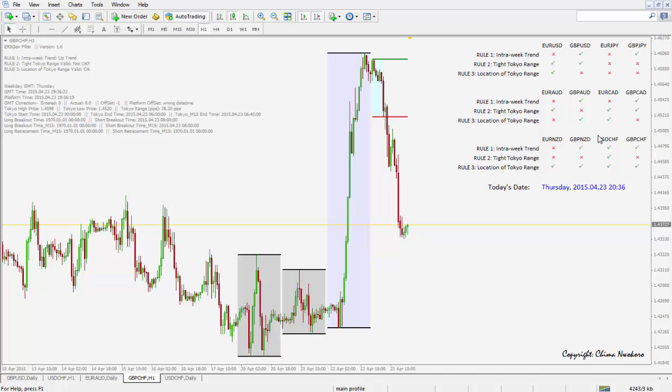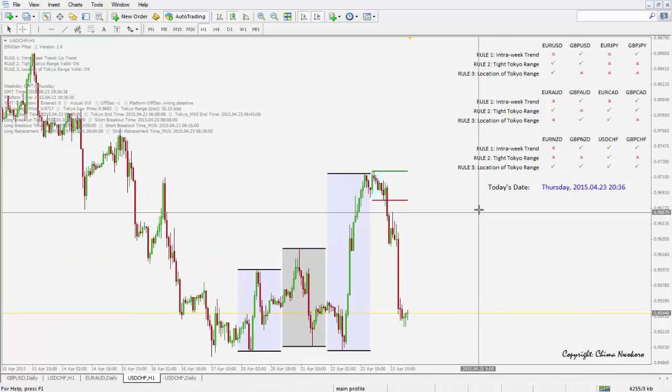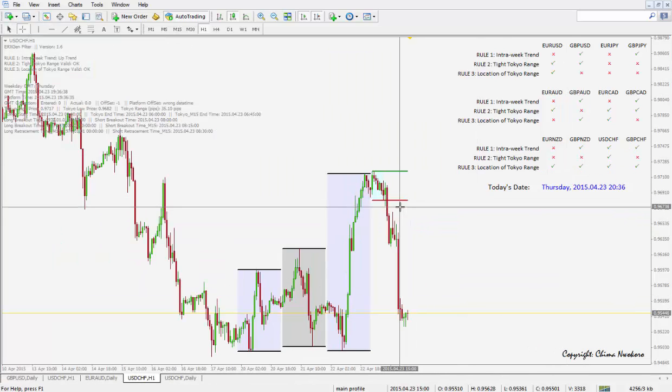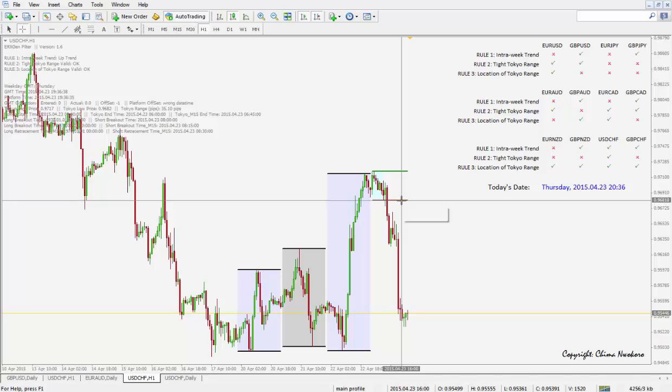And the only valid trade that we took was the USD CHF. Again, all the rules were met, and the entry point there for an opportunity of about 150 pips.